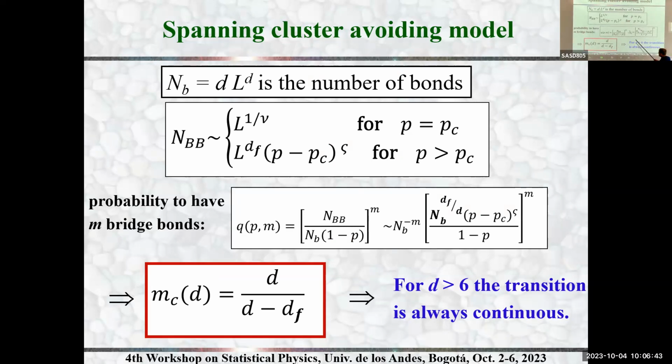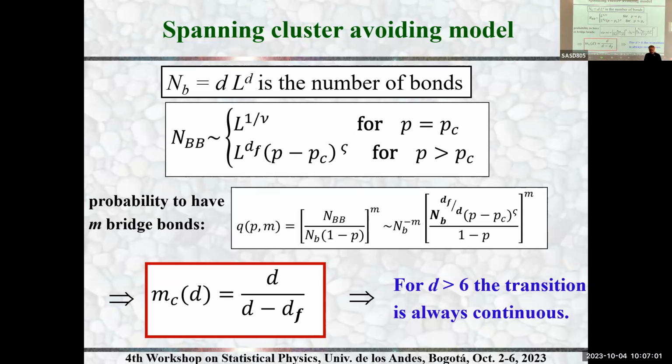The probability that one bond is a bridge bond is the number of bridge bonds divided by the total number of empty bonds. And if you take this now to the power m, this is the probability to have m simultaneous bridge bonds.